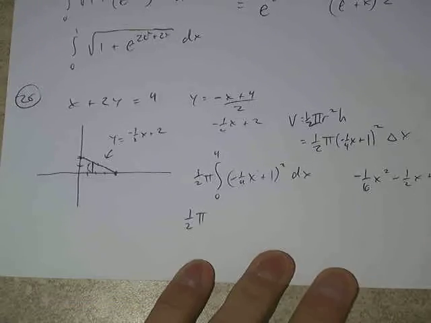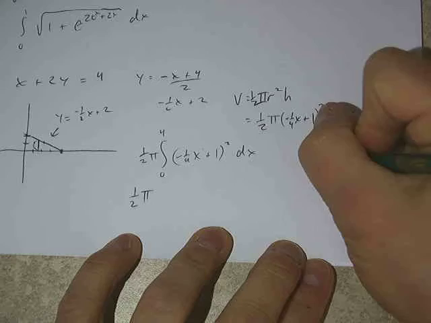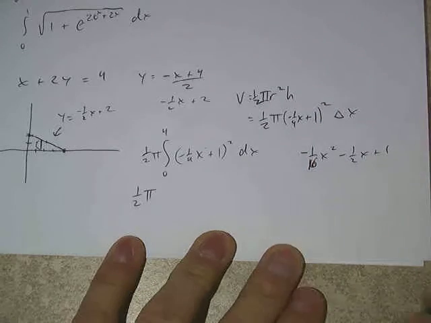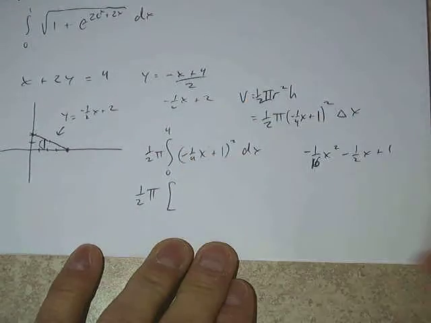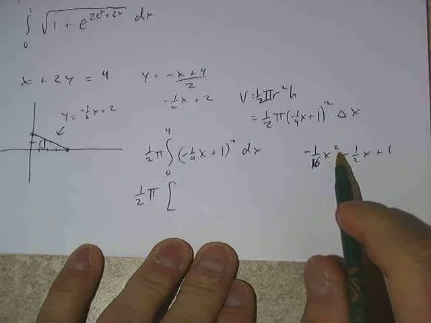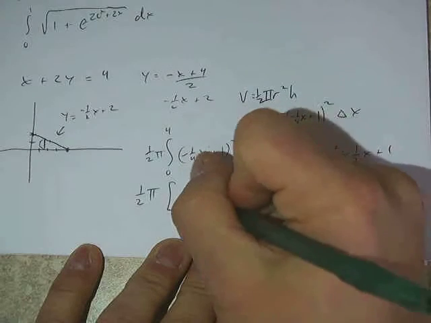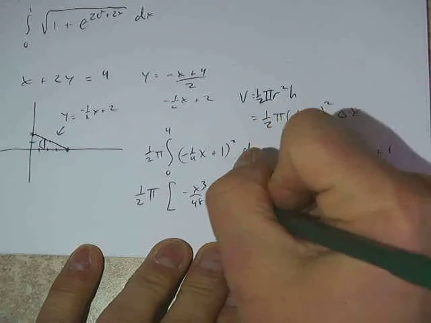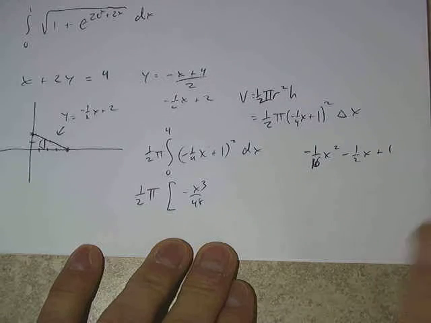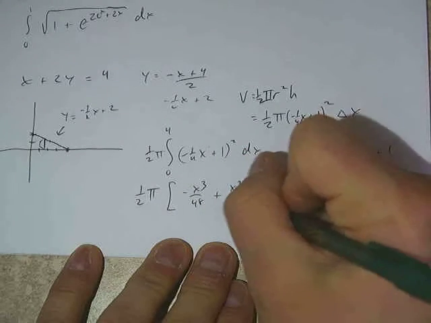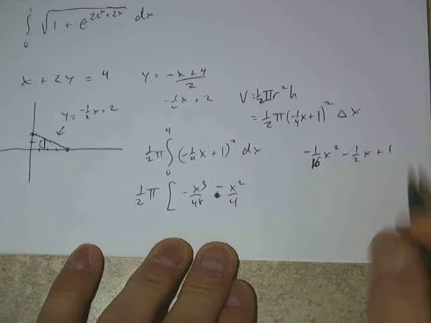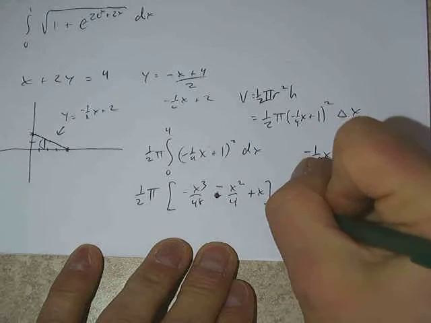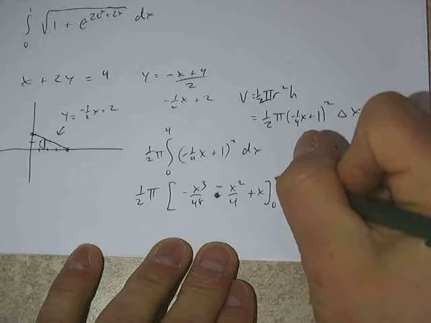So this will be our new integrand. And then the antiderivative: I do x cubed over 3, so I'm going to have negative x cubed over 48. X squared over 2 would be minus x squared over 4, sorry, and then plus x. And we're evaluating that from 0 to 4.